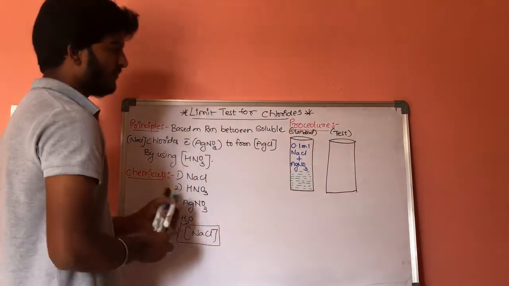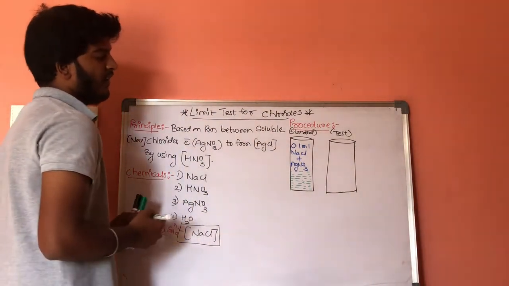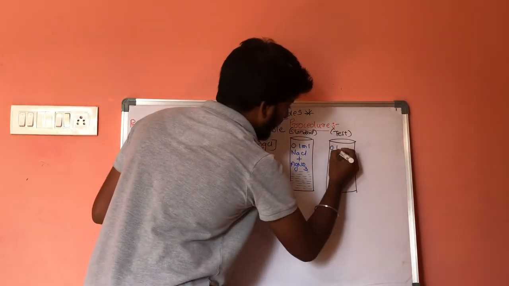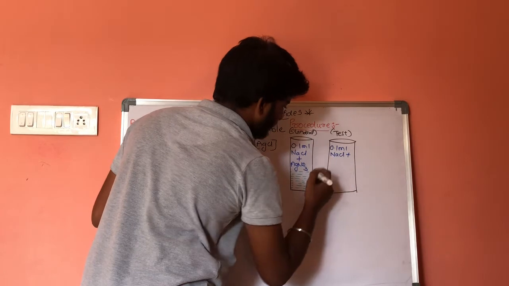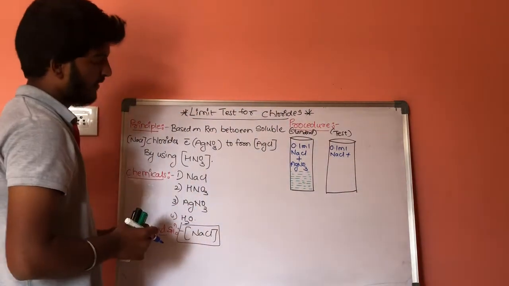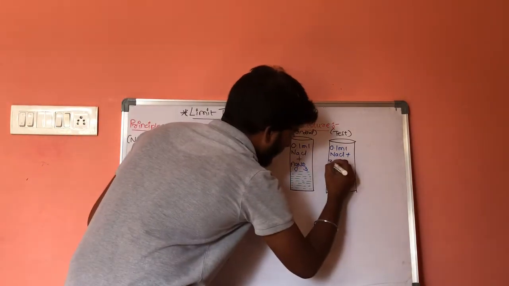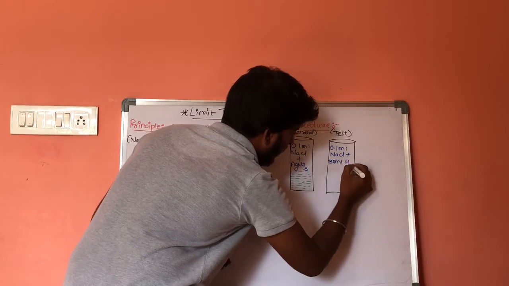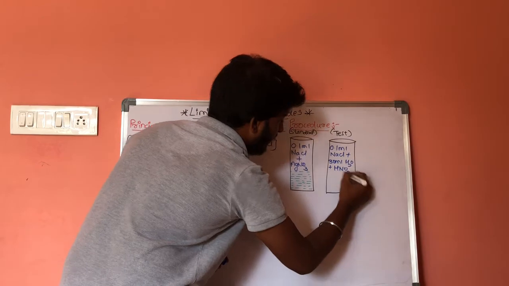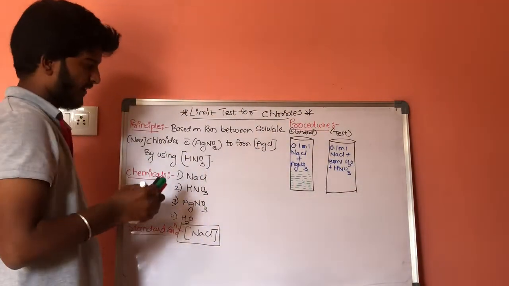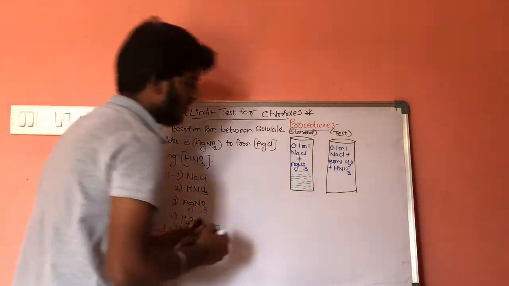Next, coming to the test solution, we take 0.1 ml sodium chloride, and to this we add 30 ml water, plus nitric acid. So here also the solution will be prepared.